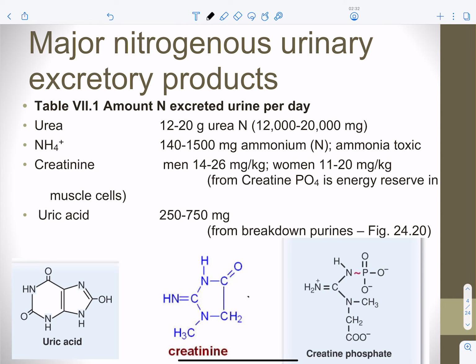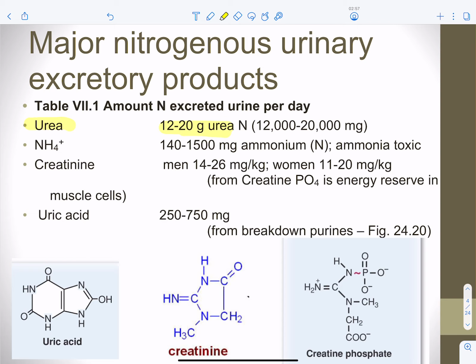We do have our main excretory products with respect to nitrogen. We have urea. We also have ammonium ion. Urea is going to be about 12 to 20 grams per day. You also have your ammonium ion, which is not toxic. Ammonia is toxic.